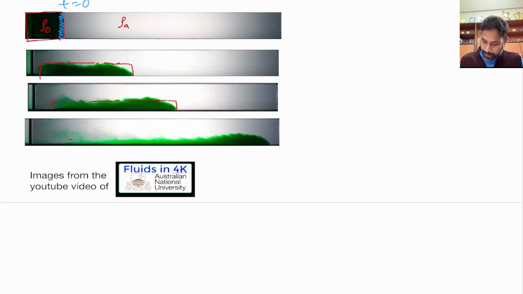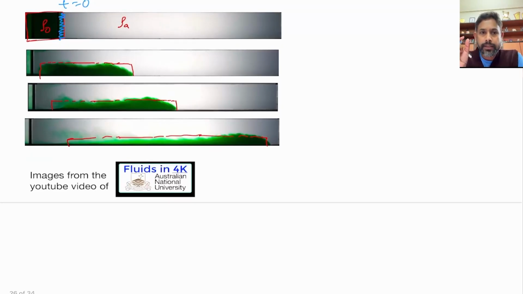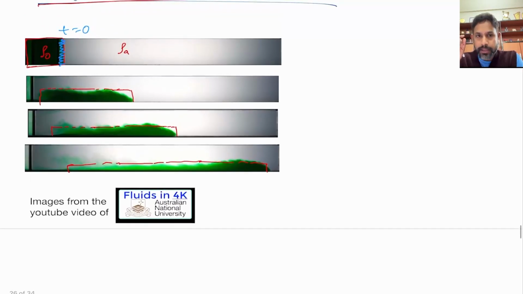Depending on where we define our depth, what we see is that the gravity current was shorter in length and thicker in depth, but as time progresses it becomes longer and longer and thinner in depth. So we will try to find a solution for the gravity current motion in such cases.